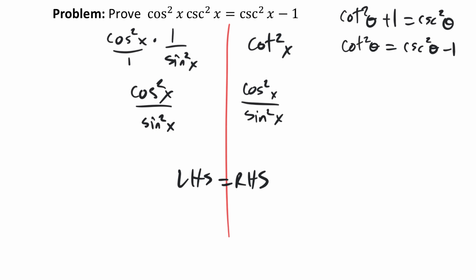Now, again, if you solve this in a different way, you're still correct. For example, you didn't have to do the rearrangement on this right side. You could have instead subbed in directly for cosecant squared. So you could have written this as, instead of cosecant squared, cotan squared x plus 1, and then left the negative 1 right here.